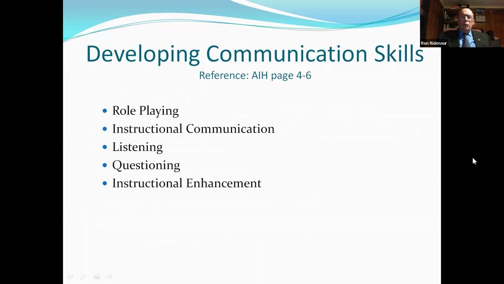So, developing communication skills. One of the ways that we develop our communication skills is by role playing, that's the scenario-based training type things. We role play, especially in the instructor regime. I'll say, well, I'm a student pilot, and you're going to teach me how to fly the pitch attitude and how to make simple turns.